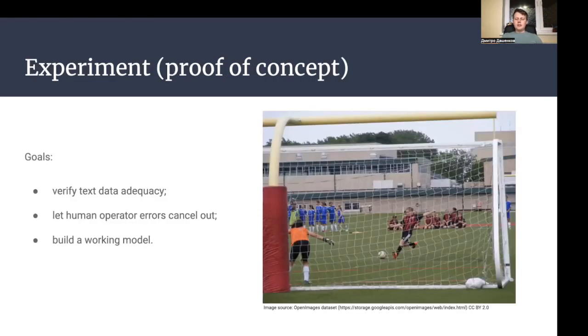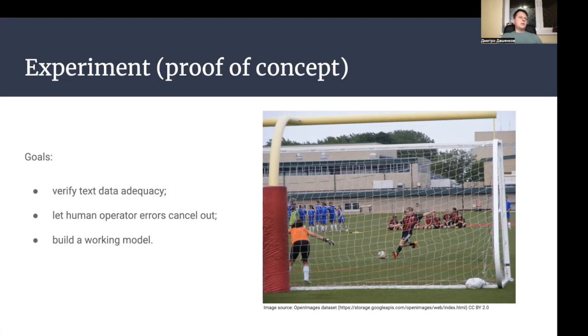So let's take a look at what we can do with this dataset and this structure, and build a little experiment as a proof of concept. We will try to build an image tagging model which takes one picture and outputs several one-word tags which describe this picture more or less adequately.